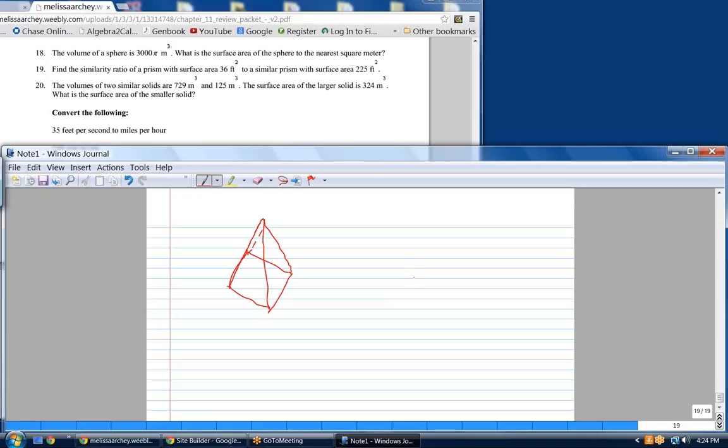In other words, I can't have a square pyramid over here that's taller with the same base. So when they tell me that they're similar, I can make the base different, but whatever the relationship is of the base, that relationship has to hold between the height. Vertical height.